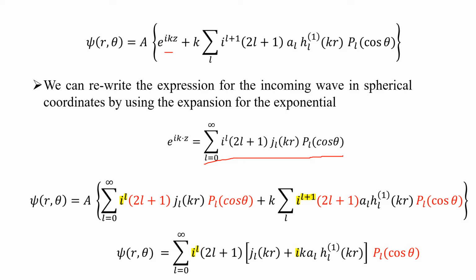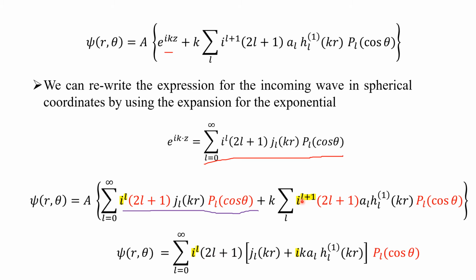Both terms are summation over l, so you can combine them and take the common term out. The common term is i^l. The part which I have shown in red color is common, so I have taken 2l plus 1, P_l cos theta, and this i power l.